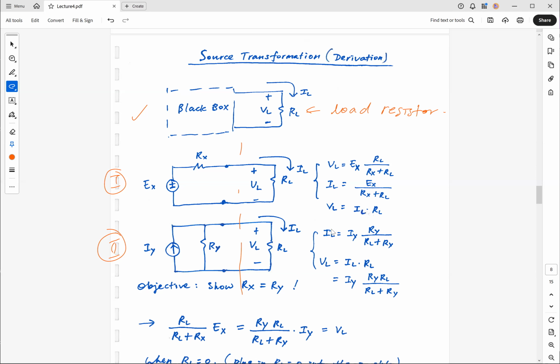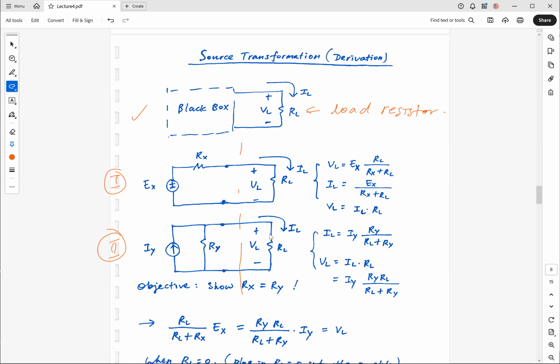For this IL, I take my Iy and then do the division here. Since I'm trying to find the current passing through this RL, I put the other resistor, Ry, on the top, divided by the sum. So Ry over the sum.